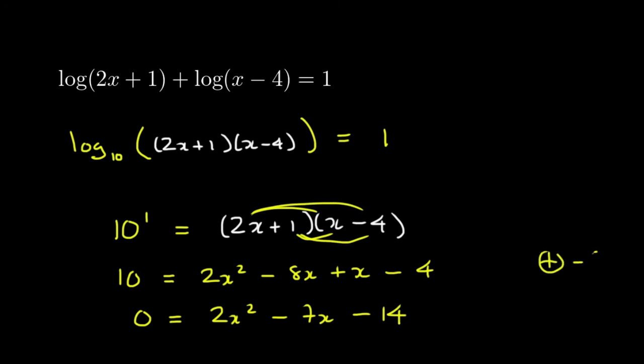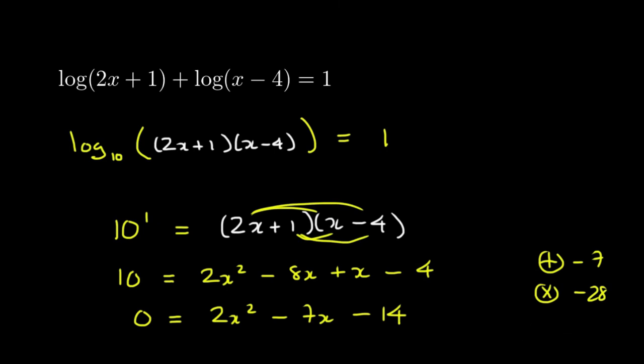Anything going to add to give us negative 7 and multiply to give us the outside numbers of minus 28? And 14 and 2 is not even close. And I guess 7 and 4 is as close as we can get here. And that, of course, isn't going to differ by 7. So it doesn't look like it's factorable. So we'll proceed with the quadratic formula, to get our two solutions to the quadratic.